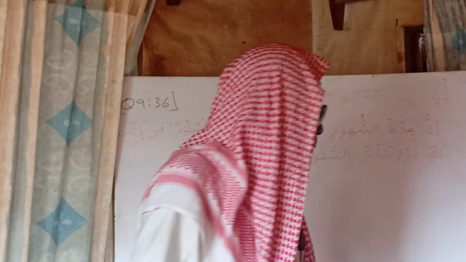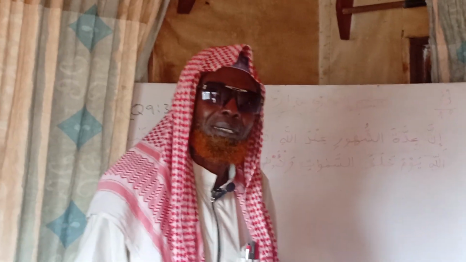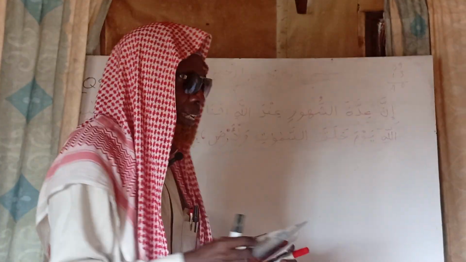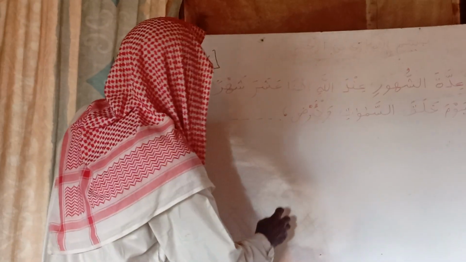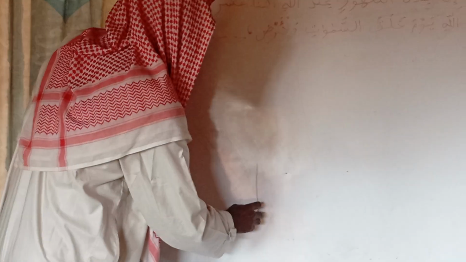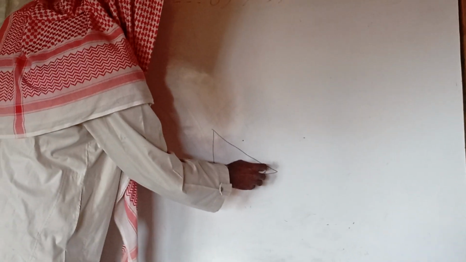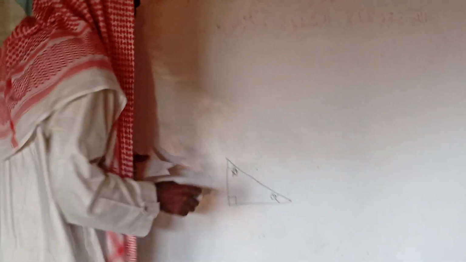I'm going to show you that it is possible to deduce this theorem from just simple logic, without having to go through experiments or trial and error. I've got here two identical triangles. So if I have a right angle triangle, this is a right angle, that is an angle theta, and this is an angle beta, for example.